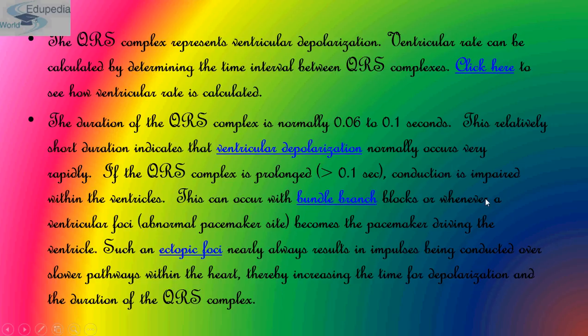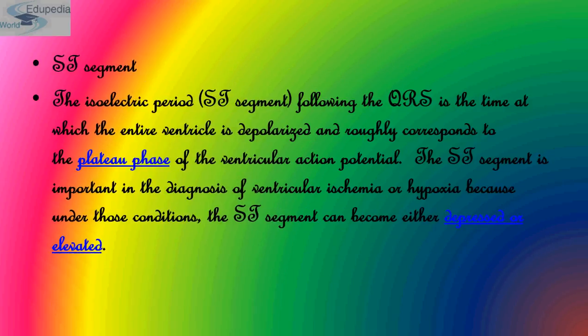The QRS complex usually lasts for 0.06 to 0.1 second, and this relatively short duration indicates ventricular depolarization. Now comes the ST segment. The isoelectric period that follows the QRS is the time at which the entire ventricle is depolarized and roughly corresponds to the plateau phase of the ventricular action potential.